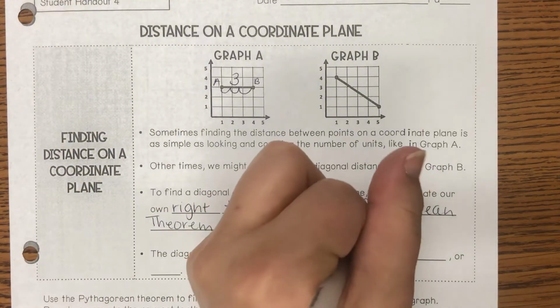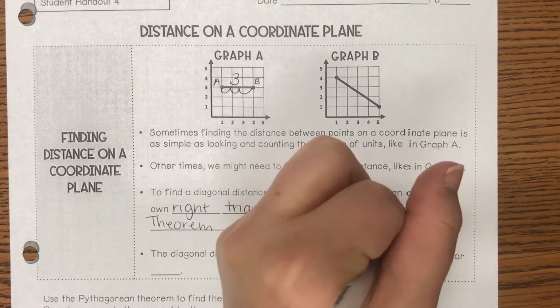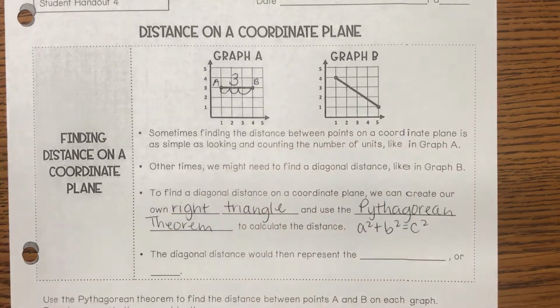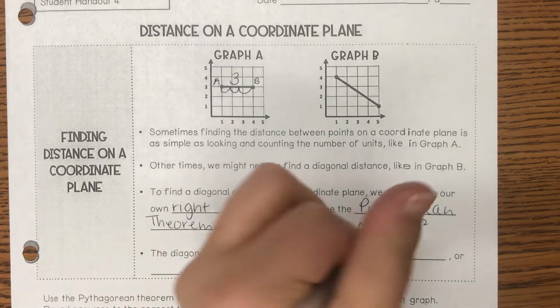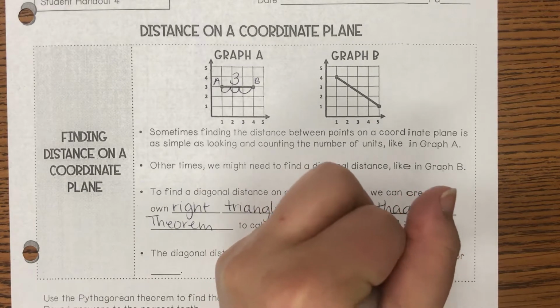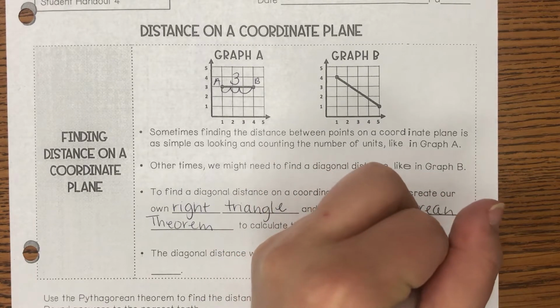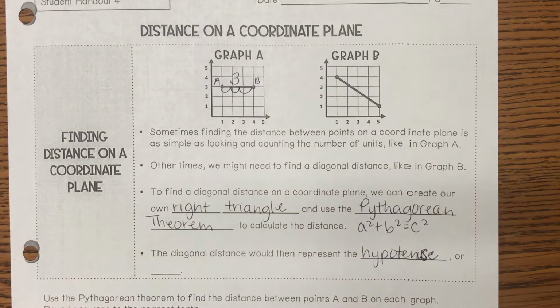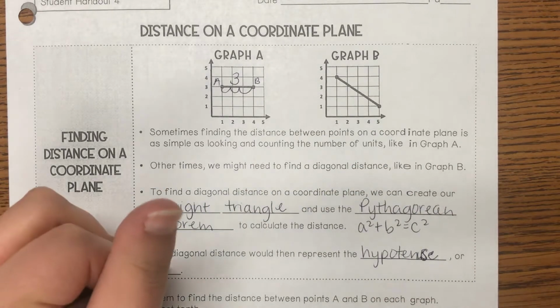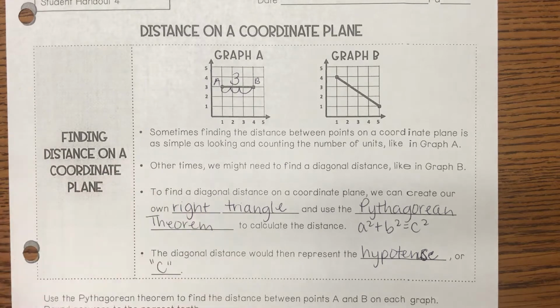Remember, Pythagorean theorem is a squared plus b squared equals c squared, where a and b represent the legs of the right triangle and c represents the hypotenuse of the right triangle. The diagonal distance would then represent the hypotenuse, or C.